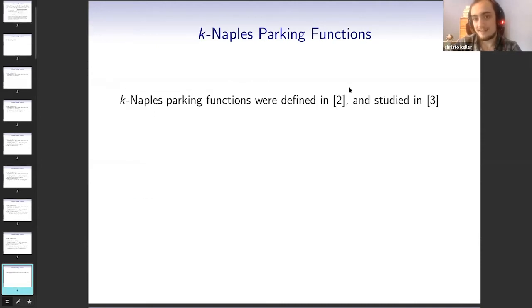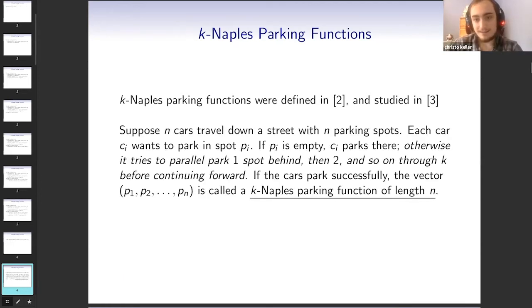Now, these were generalized last year to k-Naples parking functions, which were defined by Baumgardner in a paper from Florida Gulf Coast University and studied by the AIM-UP program last year. So the idea here is to expand the list of parking preferences that become parking functions, or now k-Naples parking functions, by changing this parking rule so that when a car finds its spot is taken, rather than immediately moving forward, it checks k spots behind it.